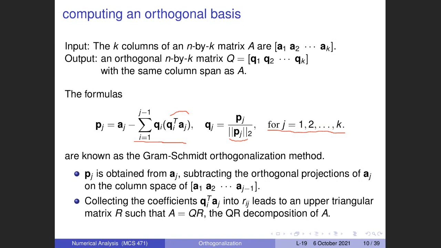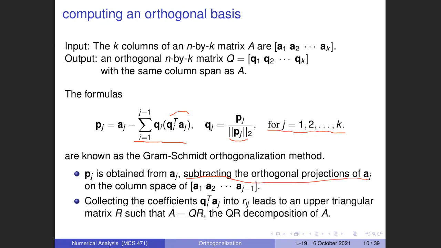I may still have to fix this. So typically we worked with M by N. So here we have an N by K matrix. So we obtain the Q from the orthogonal basis, repeatedly subtracting the orthogonal projections onto the column space.